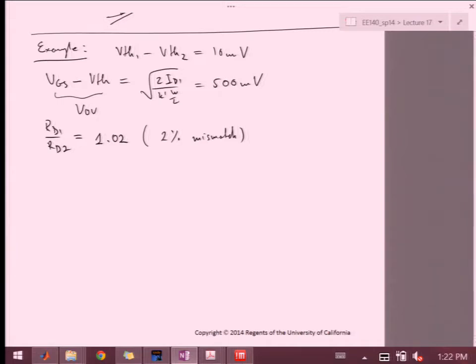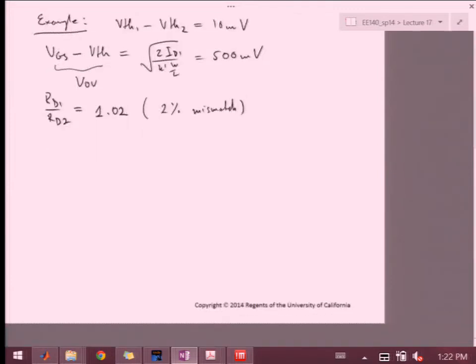Usually you would get 5 to 10%, maybe sometimes 15% mismatch in poly resistors. So they're not a very precise passive to put in the process. That's why we end up loading everything with actives. But here you get 2%, which looks pretty good.